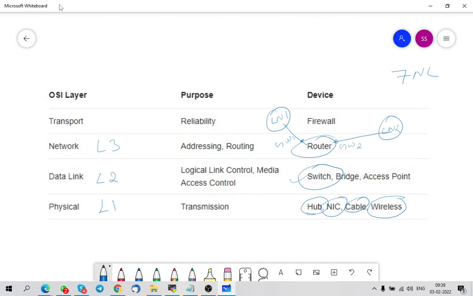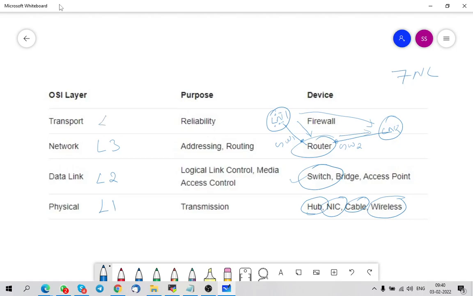Whatever device is under this local network will configure gateway 1 as the gateway for the packets. Then if any packet needs to go to network 2, it will come to this interface, and the router will get that packet. All the routes are configured in this router to send that packet to network 2. So that packet will go here. Like this, the routing will be happening. That is in layer 3.